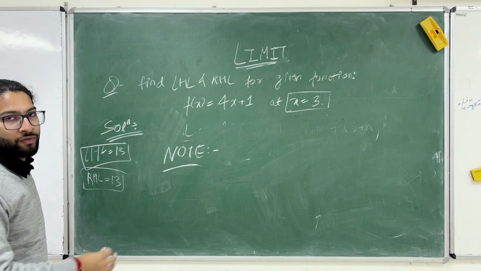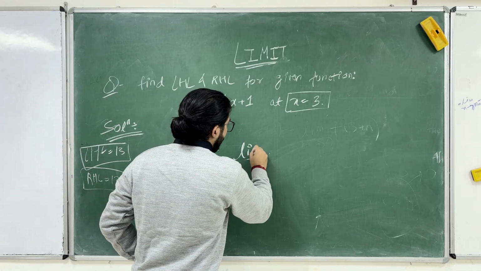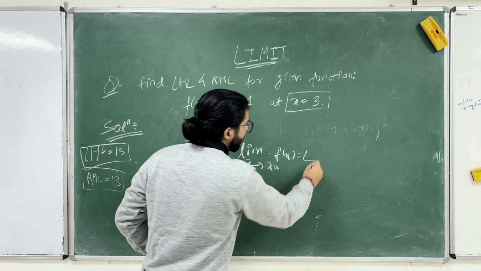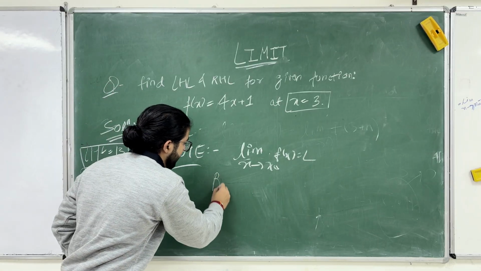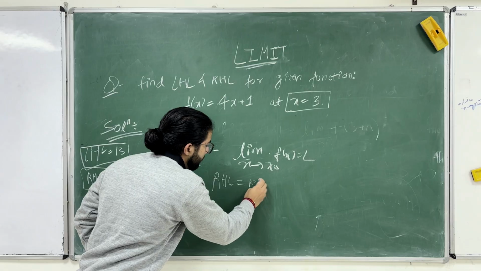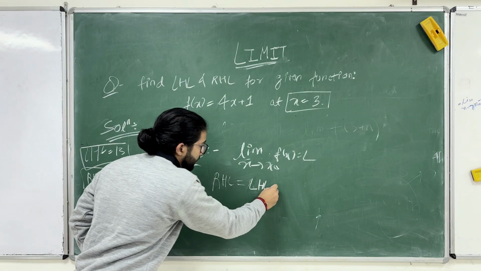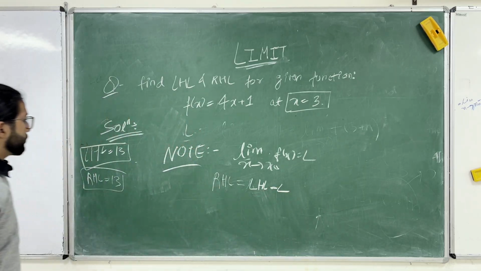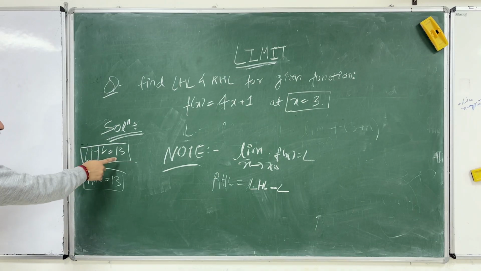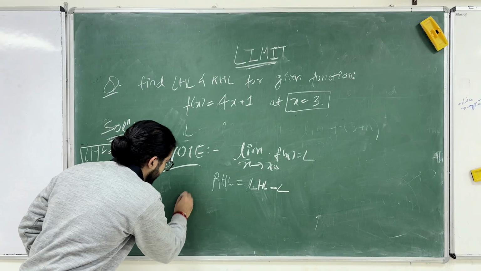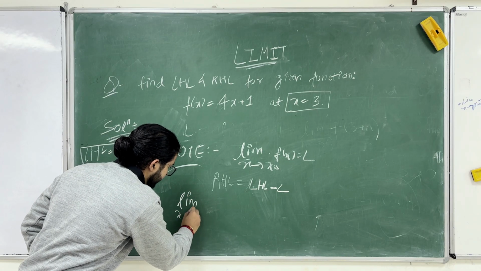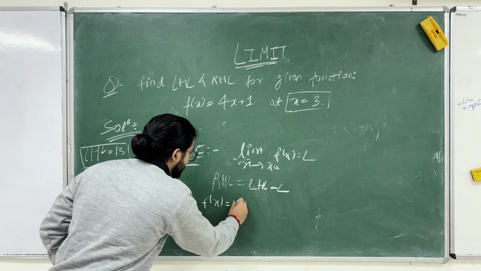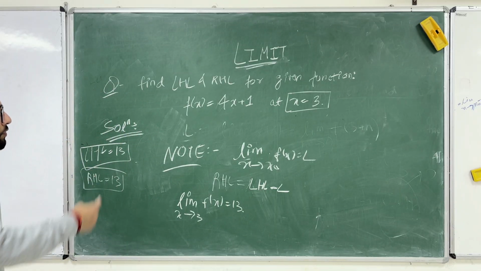We say the limit of a function exists, so we can write like that: limit x tends to any point x naught, f(x) is equal to L, in which case when RHL is equal to LHL, then we can say the limit of a function exists and it will be equal to L. So in this question LHL, RHL both are the same and the value is 13. So we can say limit x tends to 3, f(x) is equal to 13. So I hope this question is clear to you.